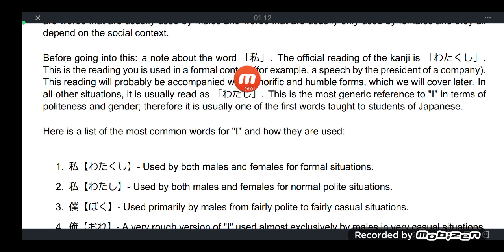But commonly in spoken Japanese, this is watashi. In some females, semi-formal, the watashi becomes atashi. But for men out there, please don't use atashi. They're only for females.